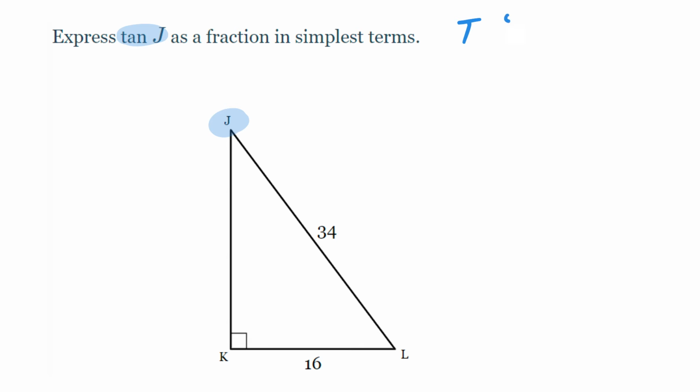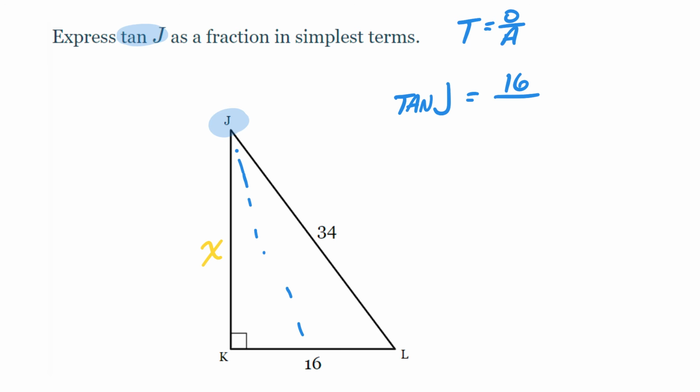So that's the TOA: opposite over adjacent. Well, the opposite side from angle J is given to us. It is 16. But we do not have the adjacent side, the adjacent side being this side right here.